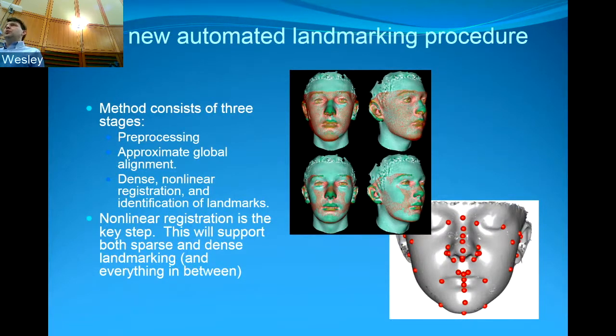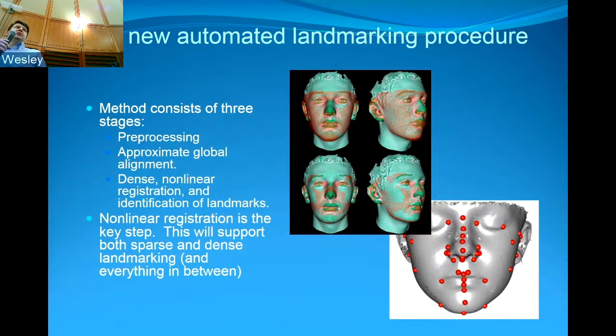That method relied on automatically finding control points and surface features of space, which seemed appealing because it created a set of independent landmarks. But the problem is that it isn't easily extensible to a large range of morphological data.